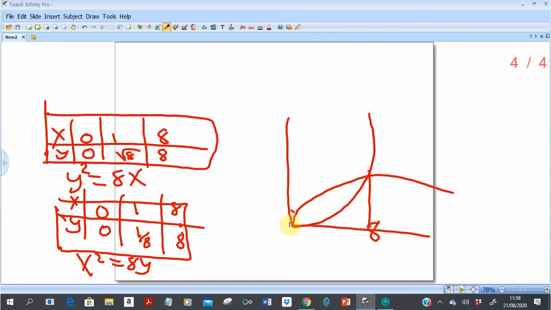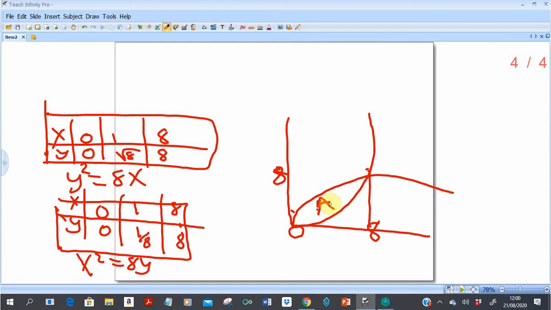And there we have our 0. And also, this is also our 8. There. Okay, so the region that we're looking for is this region. Region A.